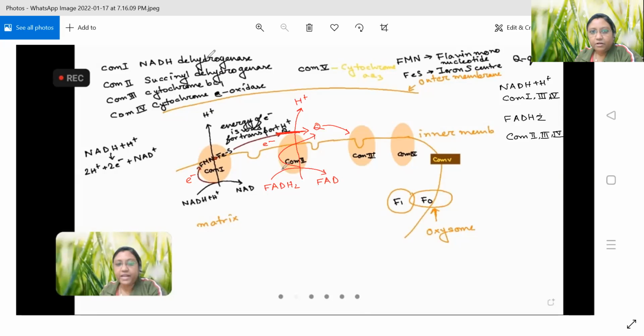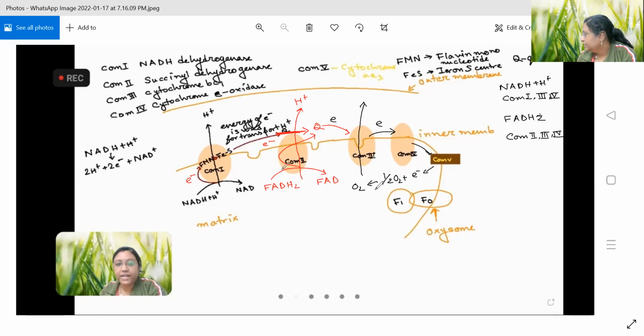So, same way, further once again the protons will go out via complex 3 and complex 4 is responsible mainly for electron transport, and from Q the electrons will be transported to complex 3 and then to complex 4 and then to complex 5, and finally the electron will be accepted by half O2, that is oxygen, to give rise to water.